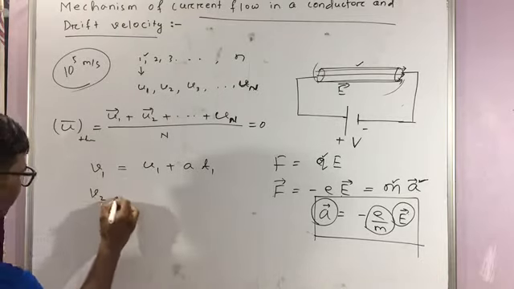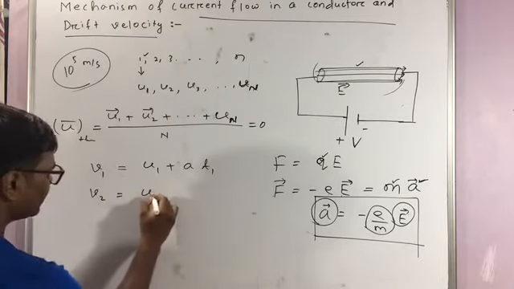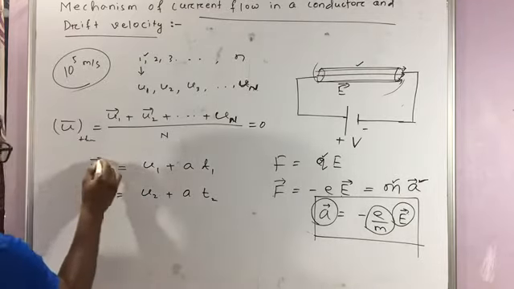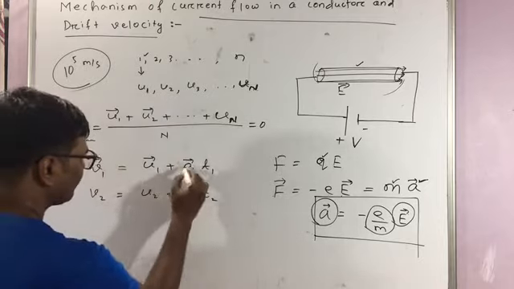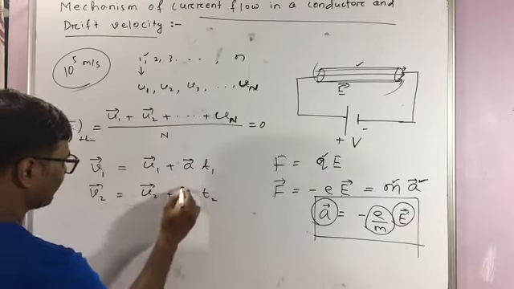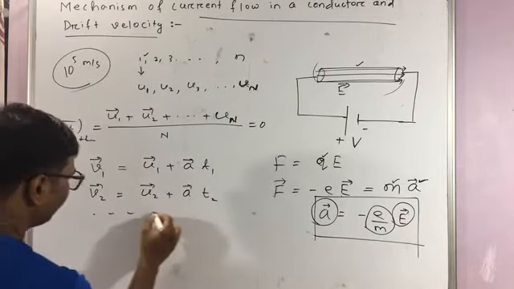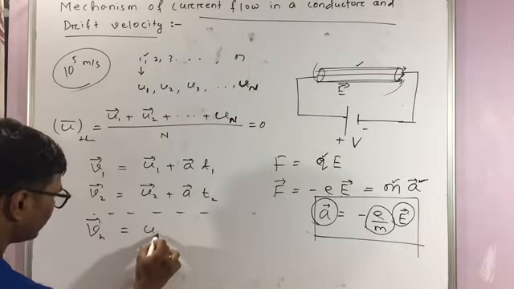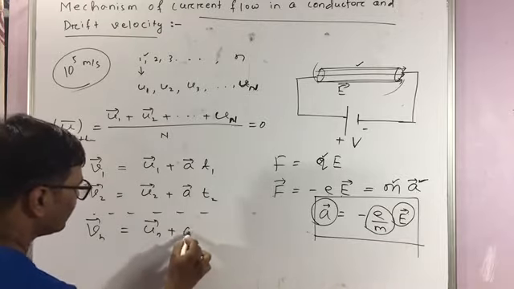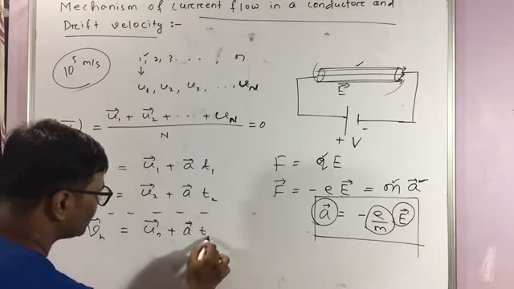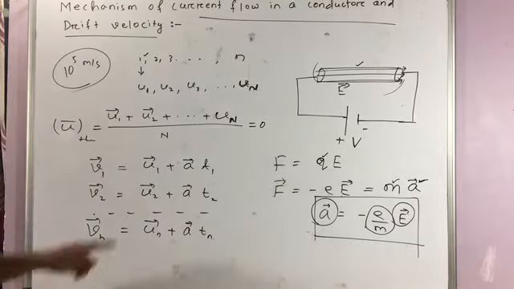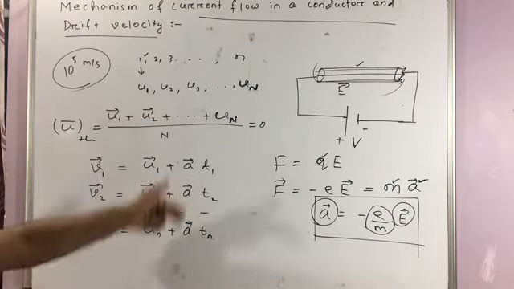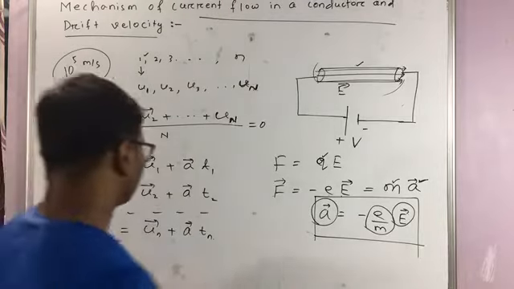Similarly, we can take it for the second electron, which is v2 equal to u2 plus a into t2. You can take the vector equation. Clear? Similarly, for the nth electron it will be vn equal to un plus a into tn. So these are the velocities of the corresponding electrons, and t1, t2, tn are the relaxation times for the corresponding electrons.